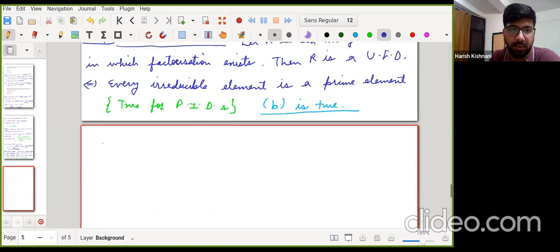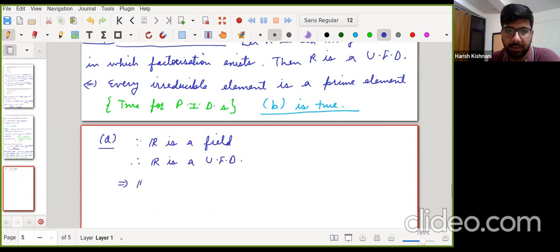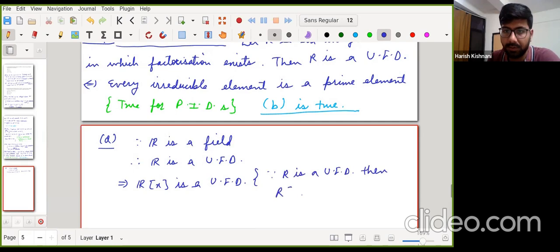The D part says since R is a field, therefore R is a UFD, and this implies R[x] is a UFD, since for any ring, if R is a UFD, then R[x] is a UFD. Okay, so D is a true statement.